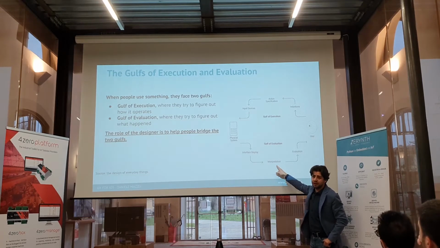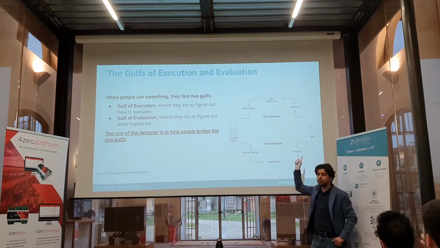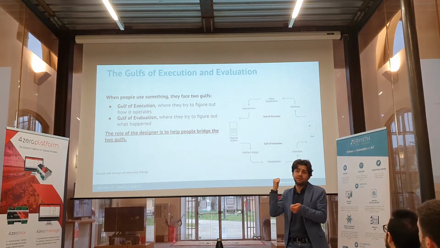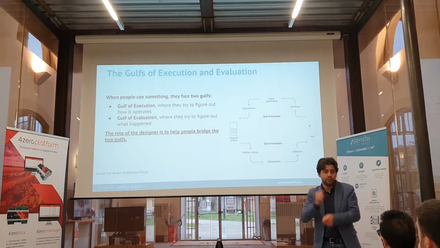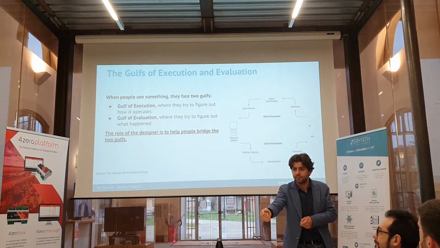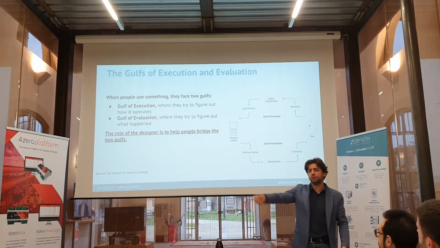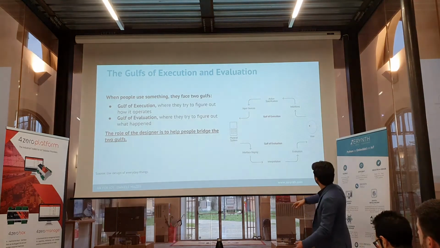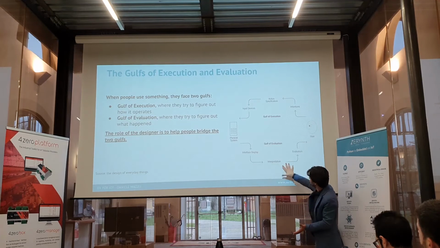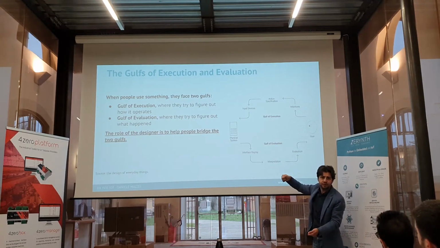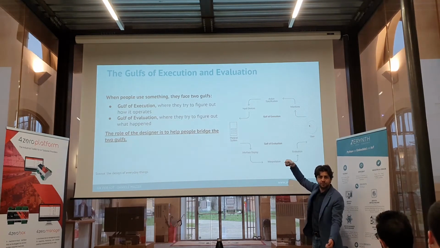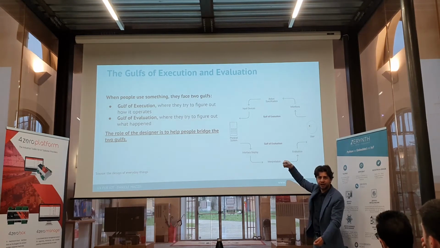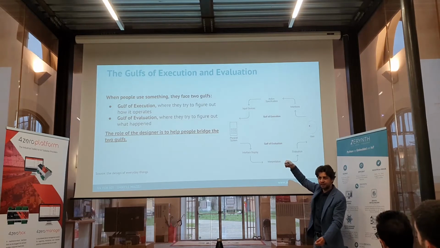Interpret the feedback, evaluate the feedback in order to understand what is the difference between the expected intention, the goal, and the obtained results. Okay? This is the interaction loop described by Norman. Now, let's imagine that these gulfs can be stretched. And the deeper they are, the more complicated the interaction is.